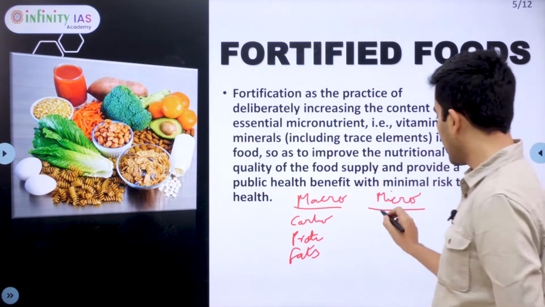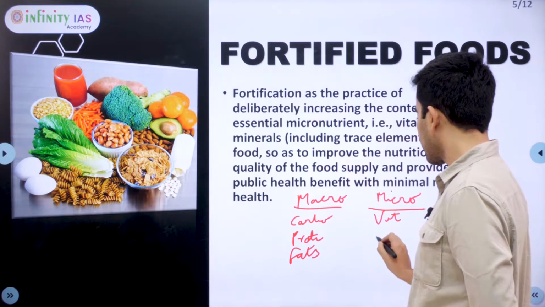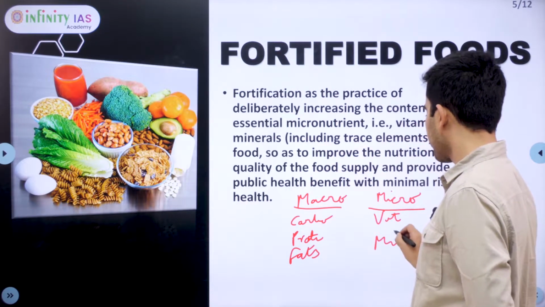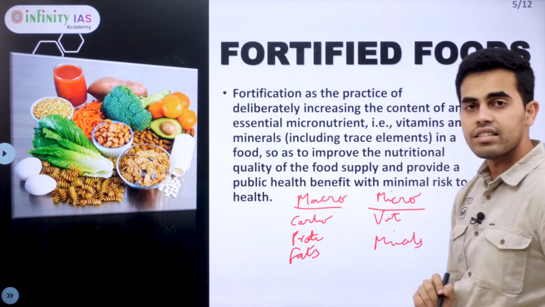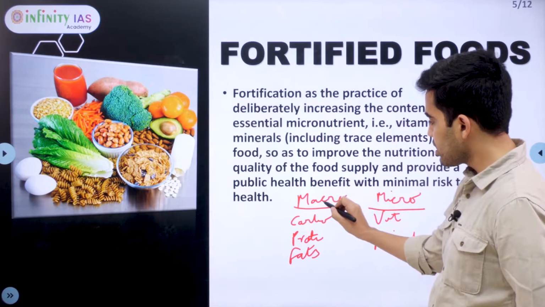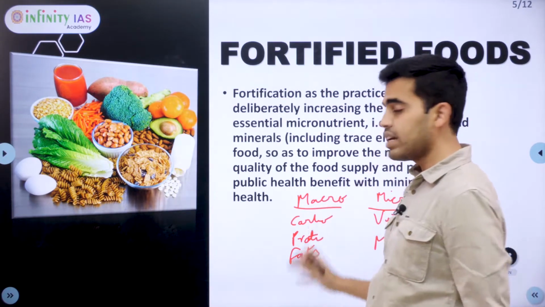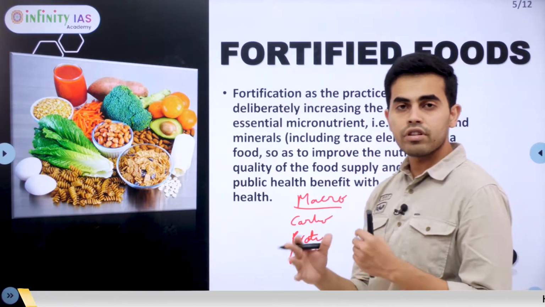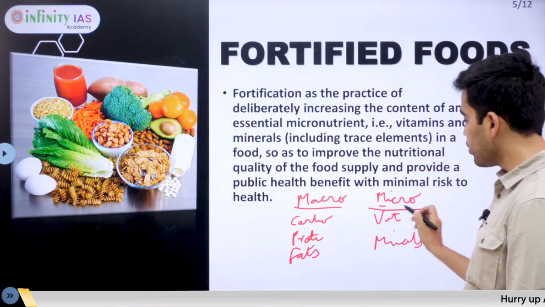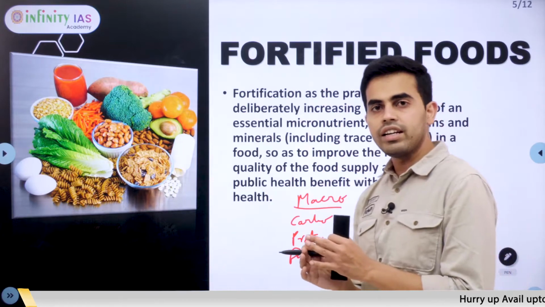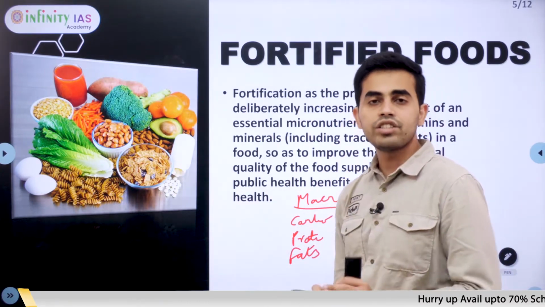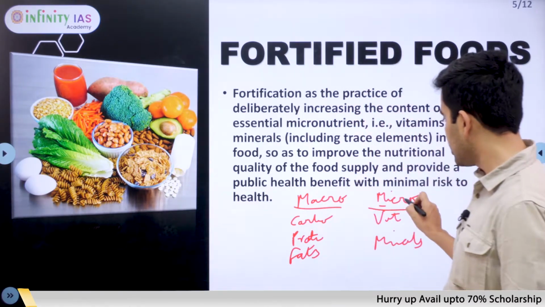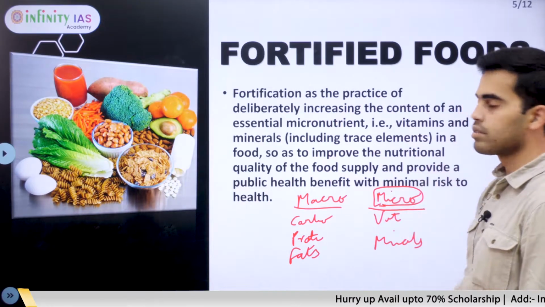Micronutrients include vitamins and minerals. So why is it macro and why is it micro? Macronutrients are macro because they are needed in greater quantities for the human body. Micronutrients are needed in less quantity but are very essential for the human body. So these are called micronutrients.